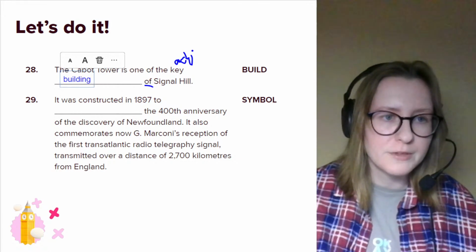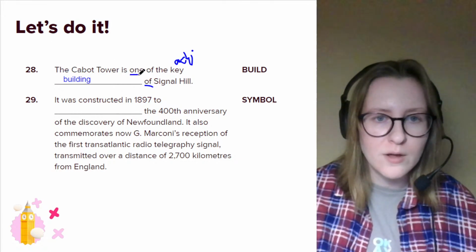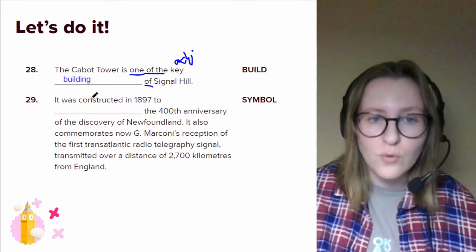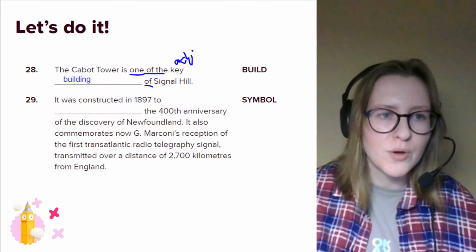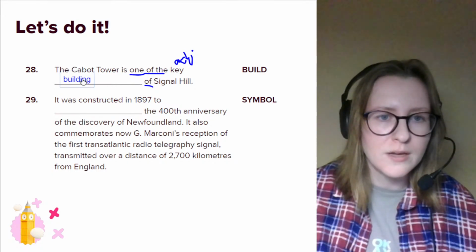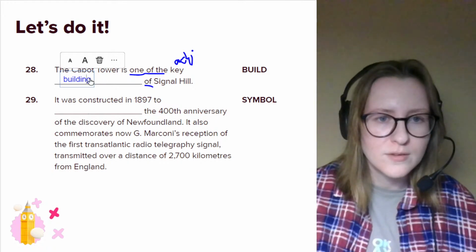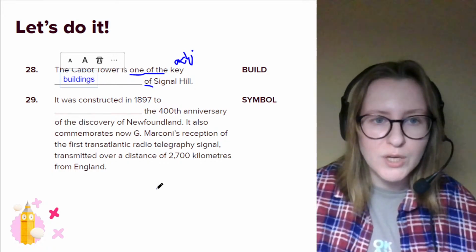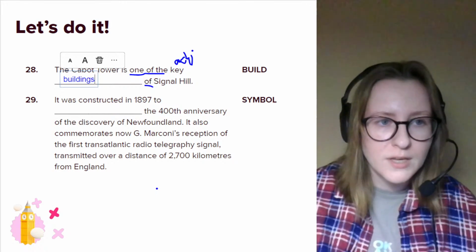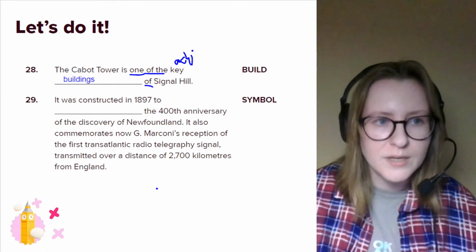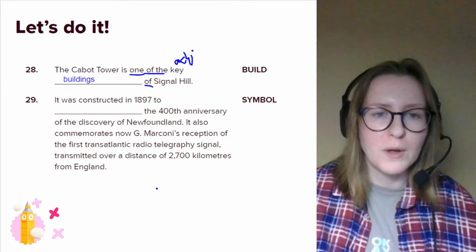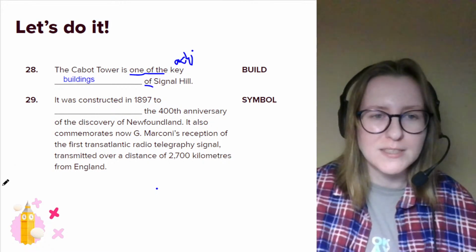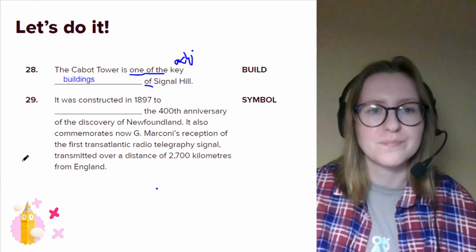But we have a construction, one of the, before our adjective. So what kind of a noun do we need? Of course, a plural one, right? The Cabo Tower is one of the buildings, right? Not one of the one building. Yeah, doesn't make any sense, so we need a plural noun here.